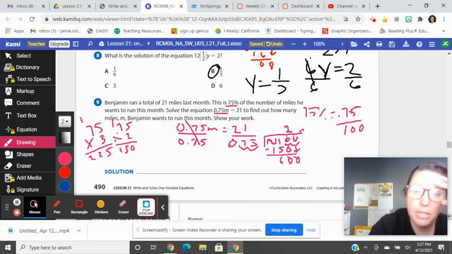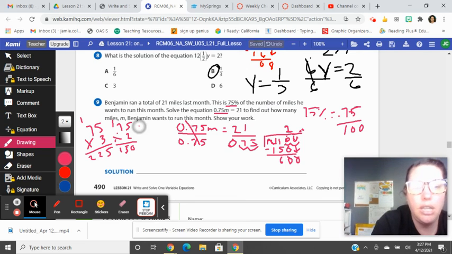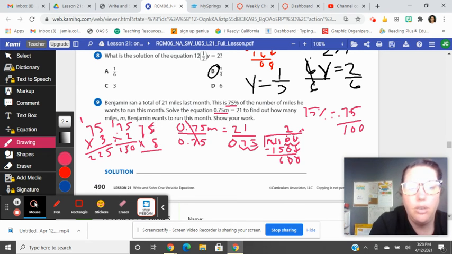So how many times is 75 going to go into 600? Ooh, it's going to go in a lot more than 2, a lot more than 3. So let's see, what number times 7 is going to be close to 9? 8. Let's try 8. So 75 times 8. Okay, so 8 times 5 is 40.